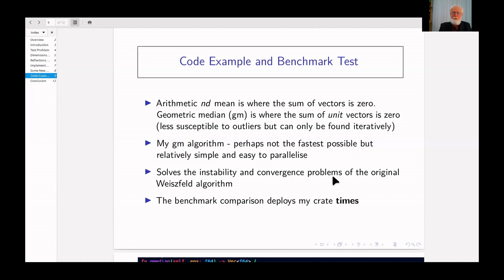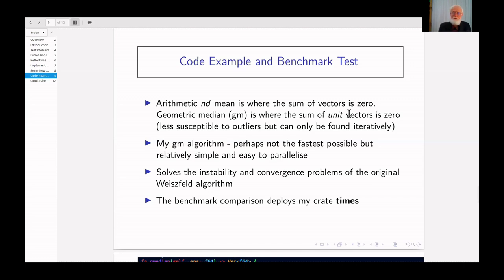So we move on to code example and benchmark test. So the benchmark involves arithmetic mean or the centroid, and essentially this is just defined by the sum of the vectors to all the points in the set being 0 from the median, whereas the geometric median is in the place where the sum of unit vectors to all the points is 0.